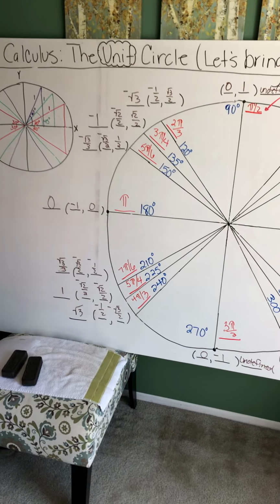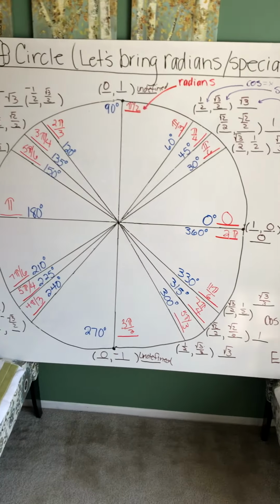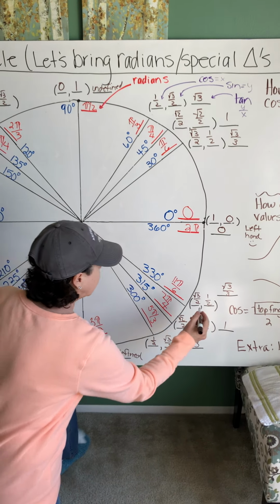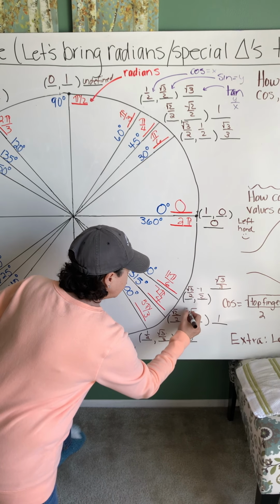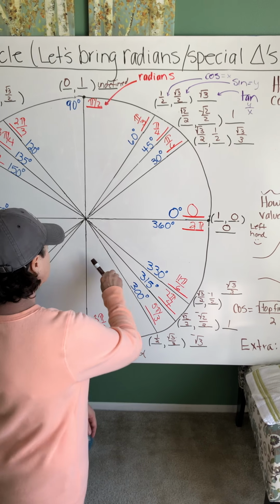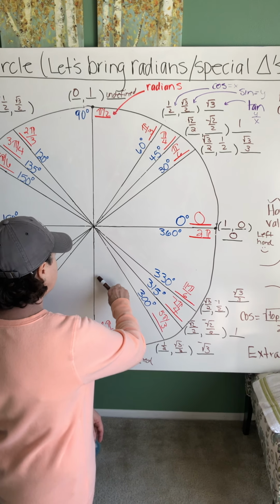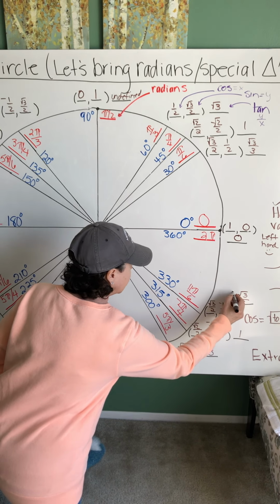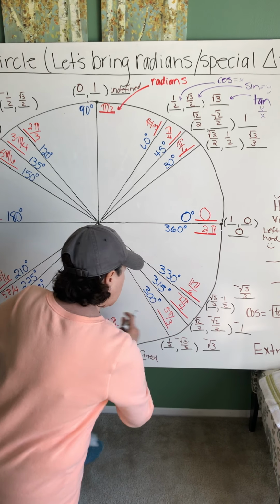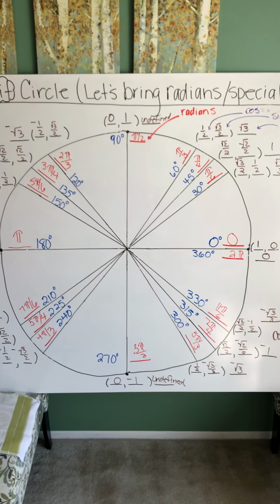So we're gonna keep our tangents positive. Over in the fourth quadrant, x's are positive, y's are negative. Let's fix that. And tangent then would be negative also, because negative divided by a positive is negative. So now our unit circle is complete.